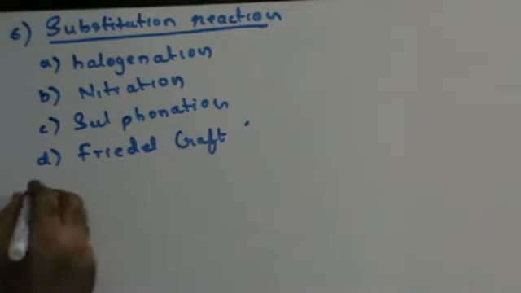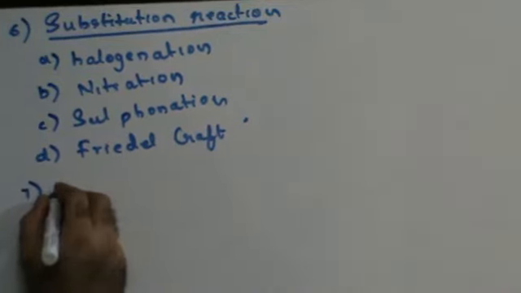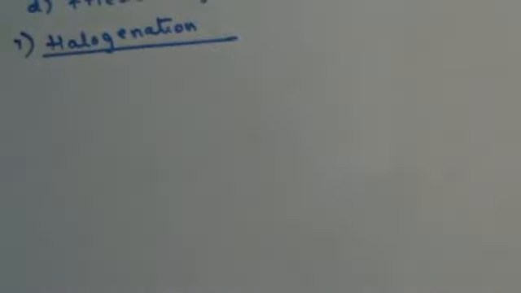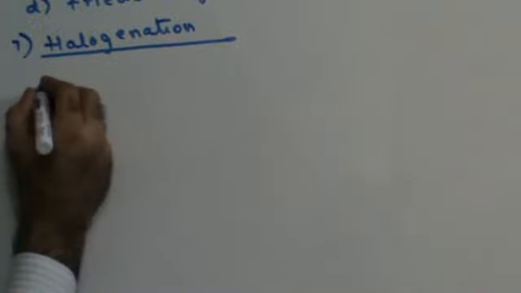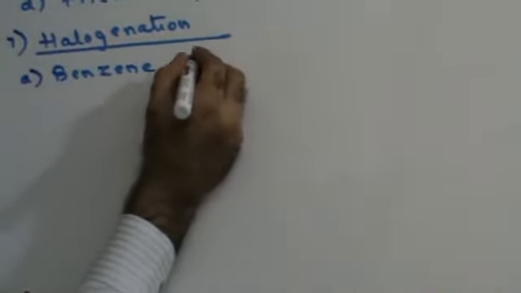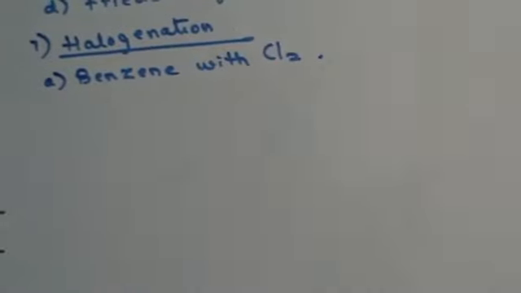First, let's see halogenation. We are doing halogenation means adding halogen. What happens when benzene reacts with chlorine? Benzene with chlorine, right?